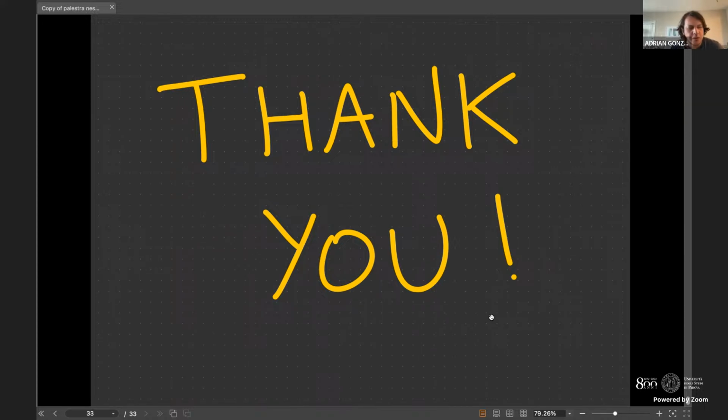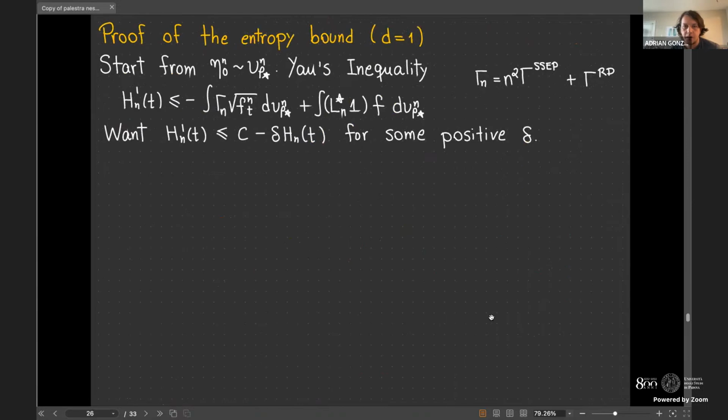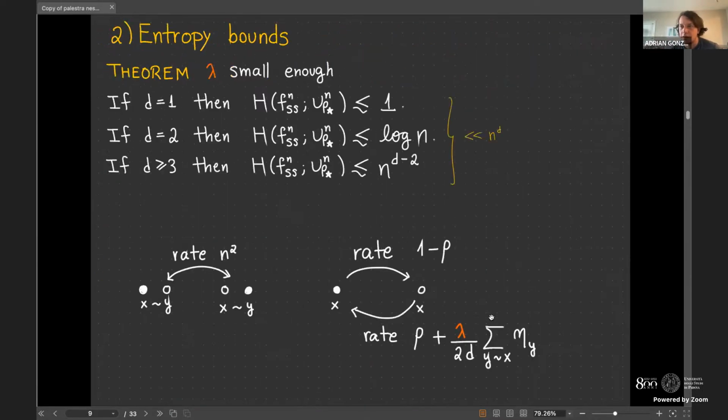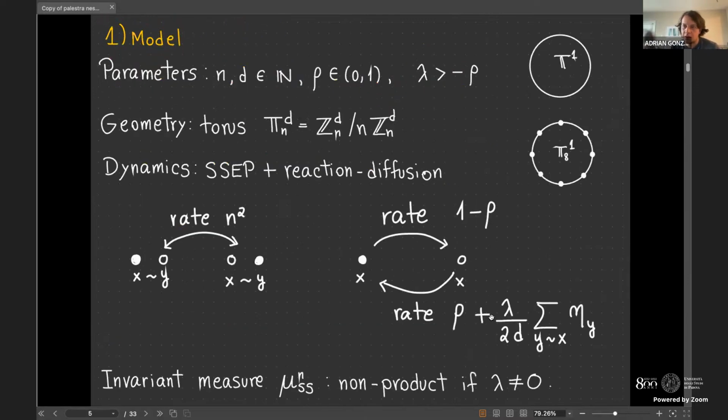So maybe I would like to hear again the interpretation of your result. So you start by saying there is a product measure that should be close to stationarity, and then you are allowed to get very precise bounds of how good was your guess. That's a good way to put it. Yes. By the way that the model is set up, you have diffusion and you have basically independent spin flips, but you perturb the flips a little bit to add correlations.